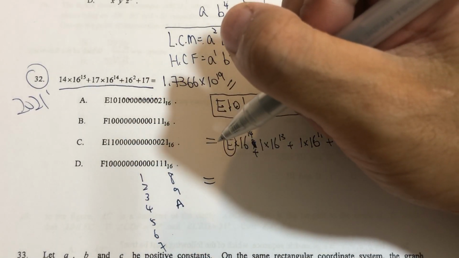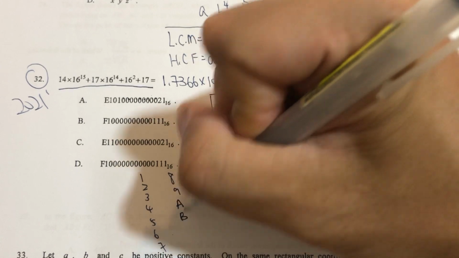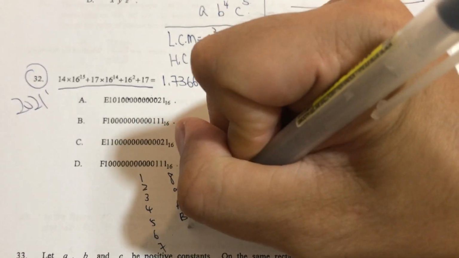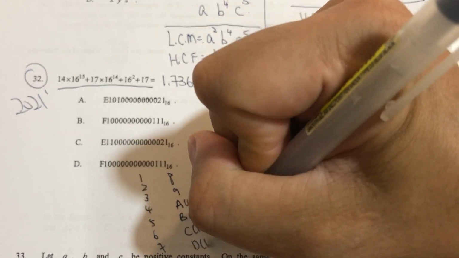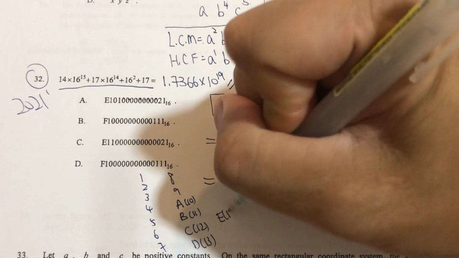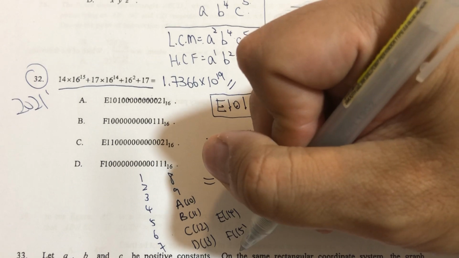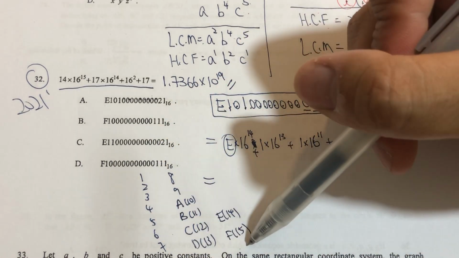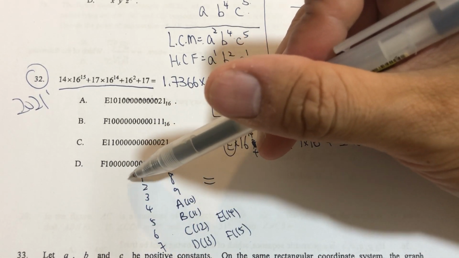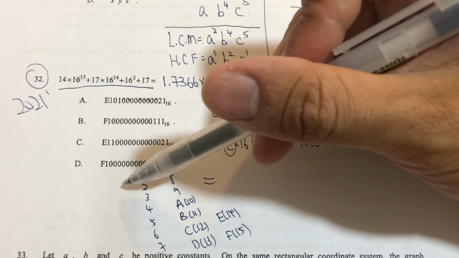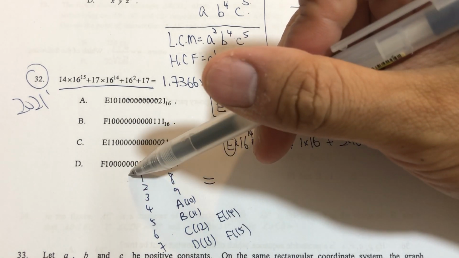We use A to denote 10, B to denote 11, C for 12, D for 13, E for 14, F for 15, and then the next one, we go back to the first number.